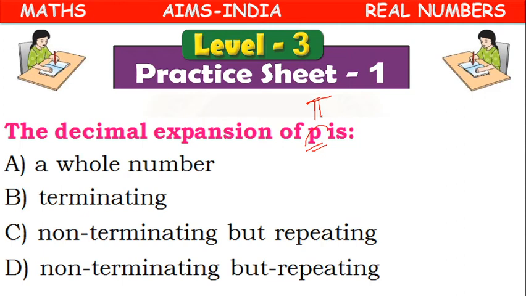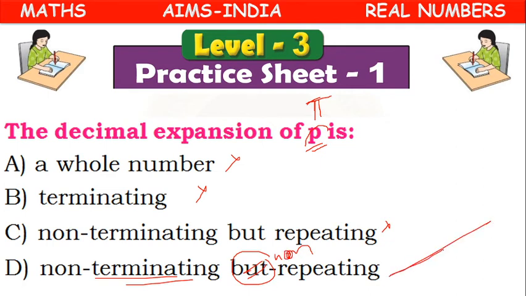The decimal expansion of pi is. What is pi? A whole number, wrong. Terminating, wrong. Non-terminating, repeating, wrong. Please make a note, children, non-terminating, non-repeating should be there.